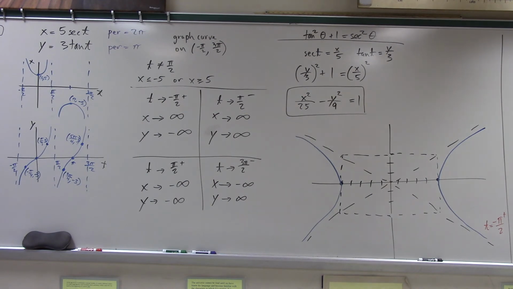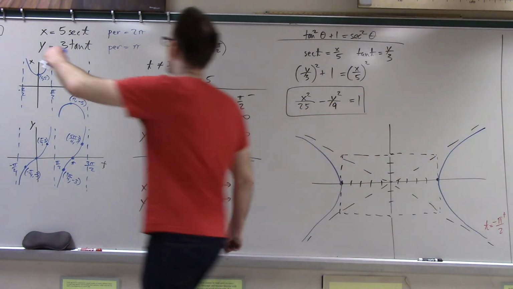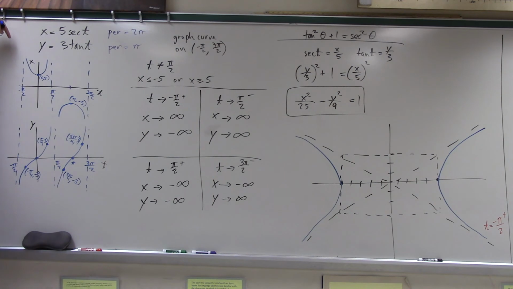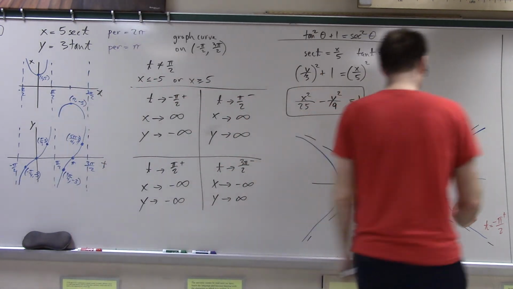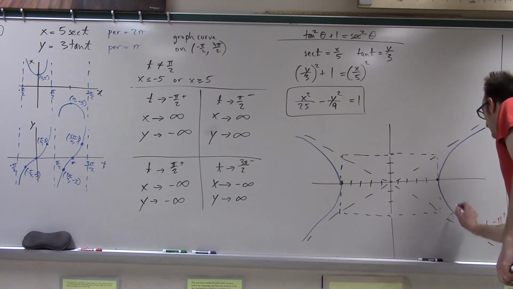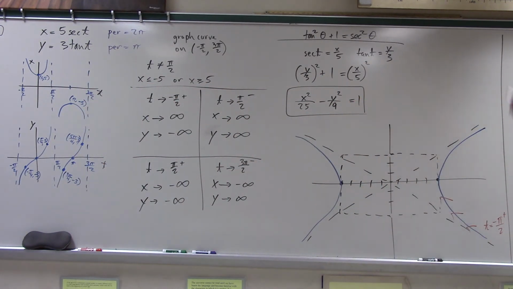And that means, well, what is x doing? X is becoming smaller, and y is becoming less negative, and eventually we hit this point. When do we hit that point? When t is 0. If you just plug in 0 for t, you can see that x is 5 and y is 0.